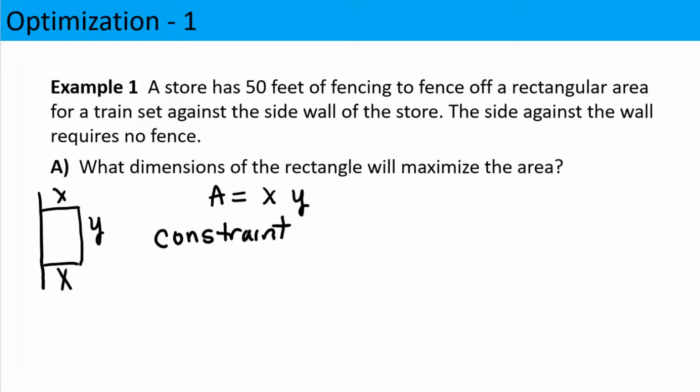That constraint is the amount of fencing we have. And so for the two sides of X plus Y, we have 50 feet of fencing.